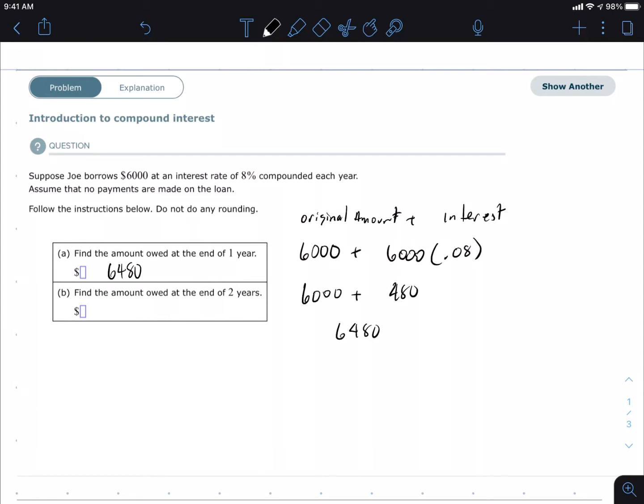Okay, and since it's going to be compounded the next year, at the start of the next year, how much money does he owe? What do you guys think?